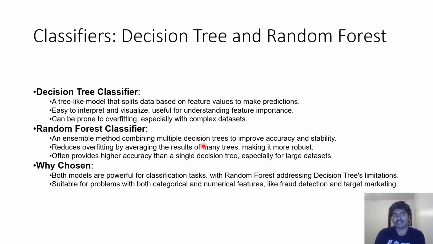A random forest uses multiple decision trees to improve accuracy and stability, and it also helps reduce overfitting. That's why I considered these two classifiers.